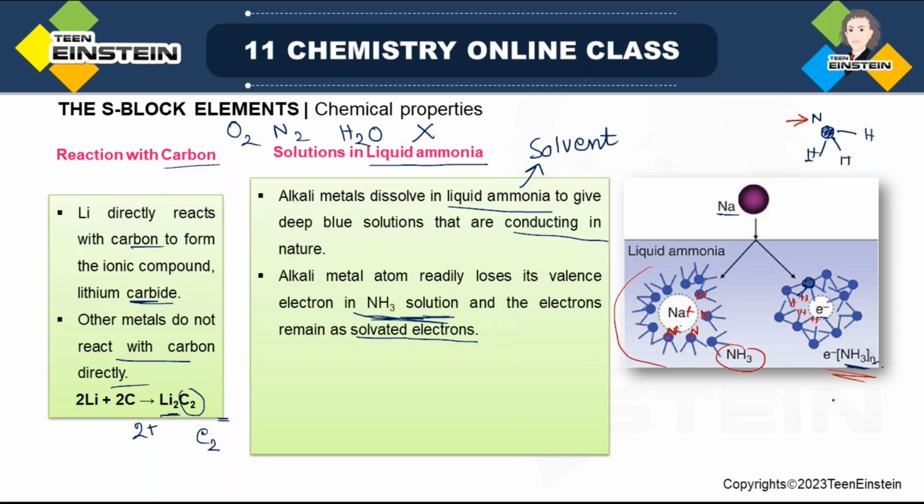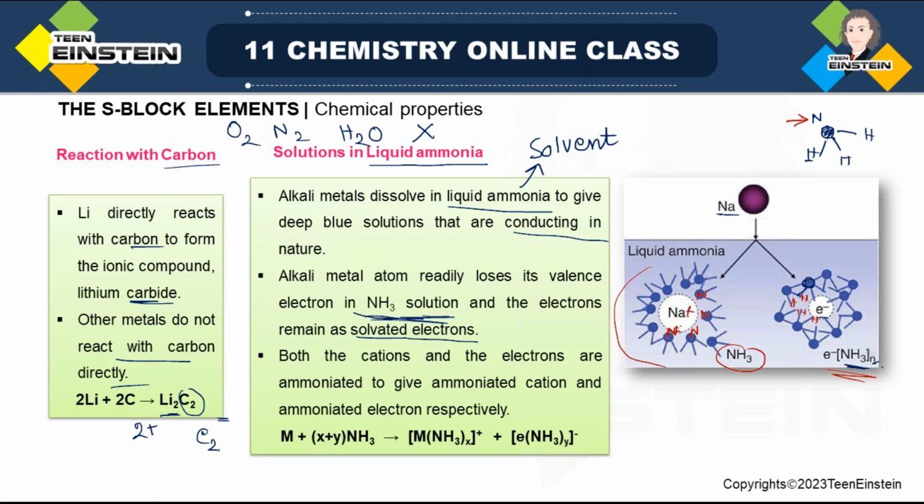But as the solvent is ammonia, I am saying ammoniated electrons. So the equation you can represent like this. Both the cations and electrons are now ammoniated or solvated.